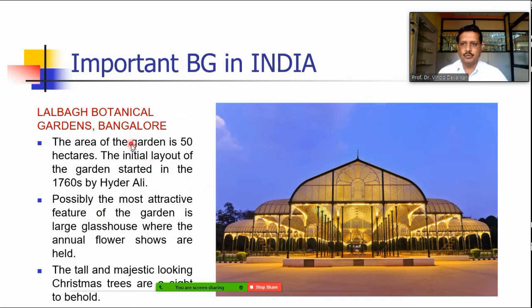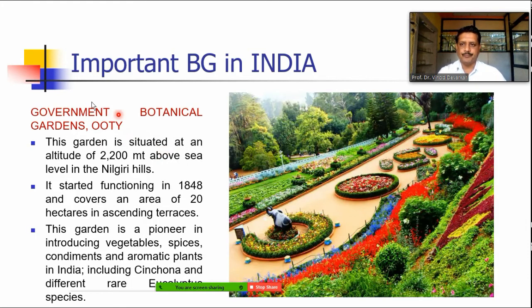This is one of the largest gardens, situated at an altitude of 2200 meters above sea level in the Nilgiri Hills. It started functioning in 1848 and covers around 20 hectares in ascending terraces, because Ooty is, we can say, a hill station, and because of that the ascending terraces have been developed there.